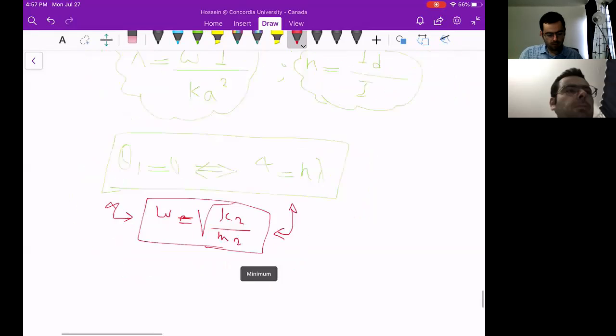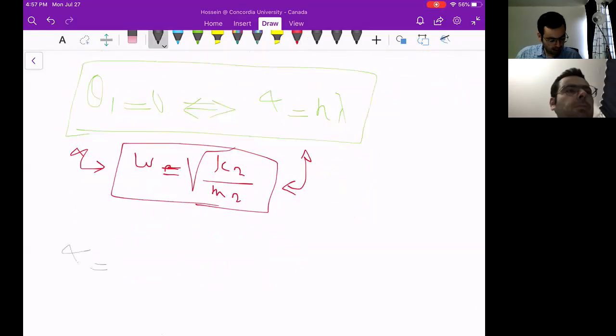So if 4 is equal to n lambda, where lambda was omega squared I over k a squared, basically 4 is n lambda, and lambda is 4 divided by n.